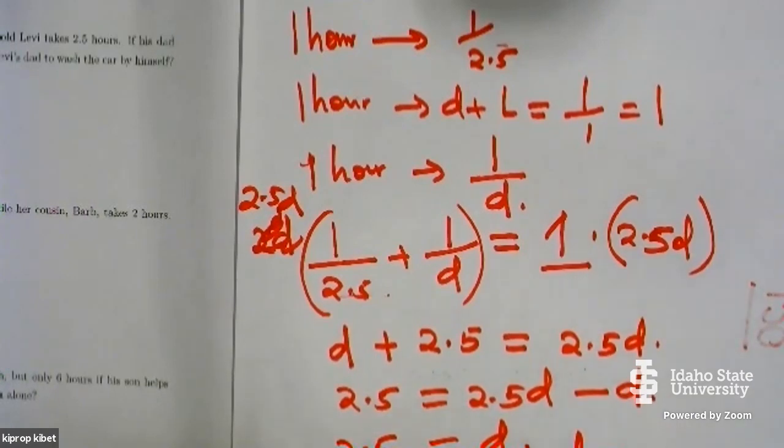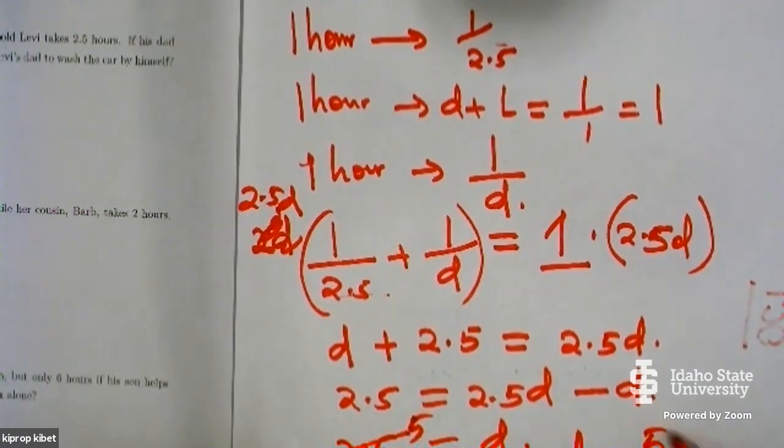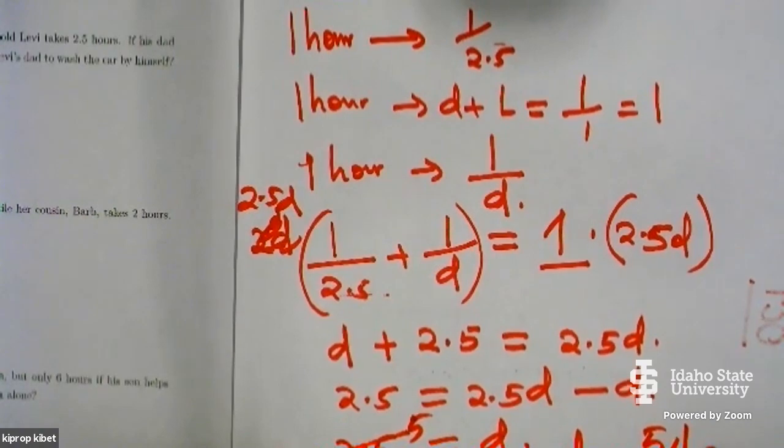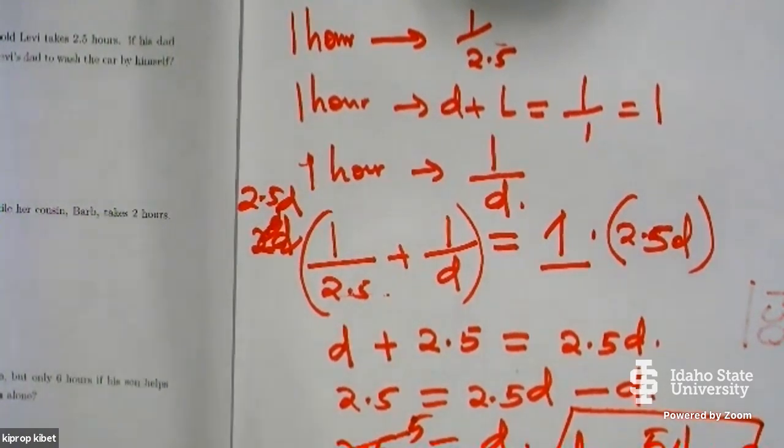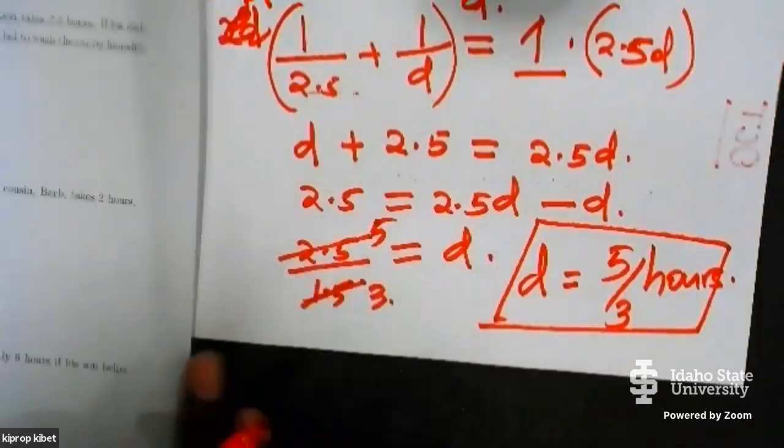By 5 is 5, by 5 is 3 there. So you get 5 over what? 5 over 3 hours. So the dad will take 5 all over 3 hours to complete the job alone.